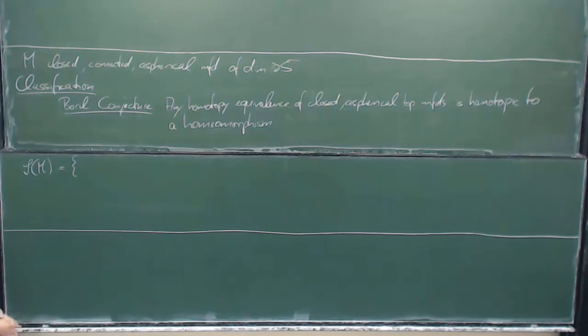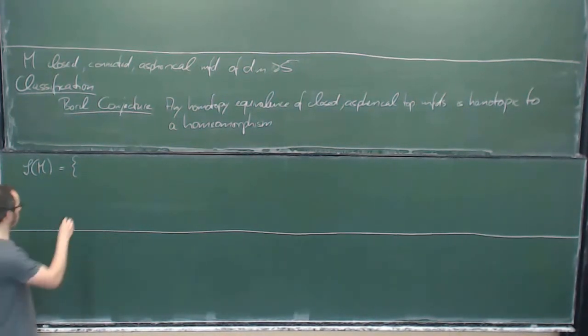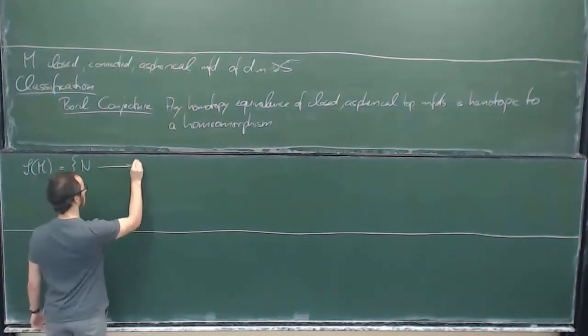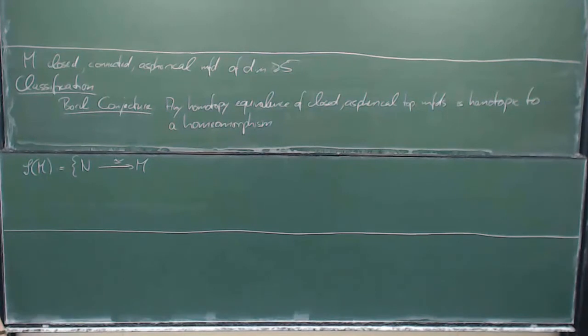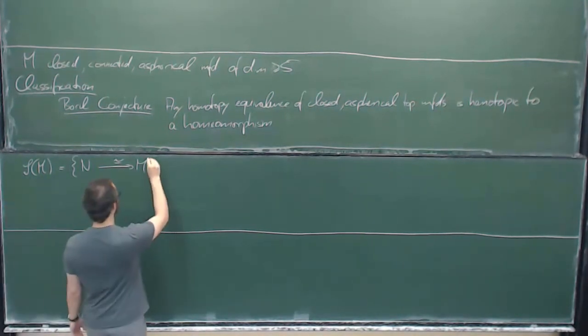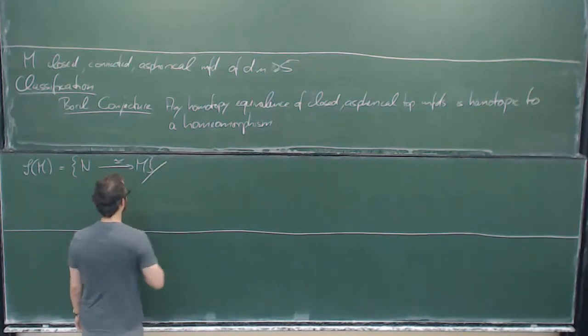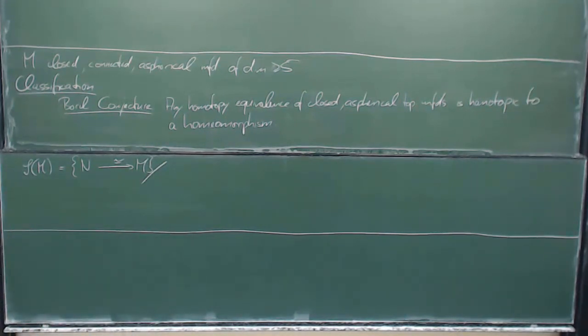We look at homotopy equivalences from some other manifold to the given manifold. So N here is again some closed manifold of the same dimension.